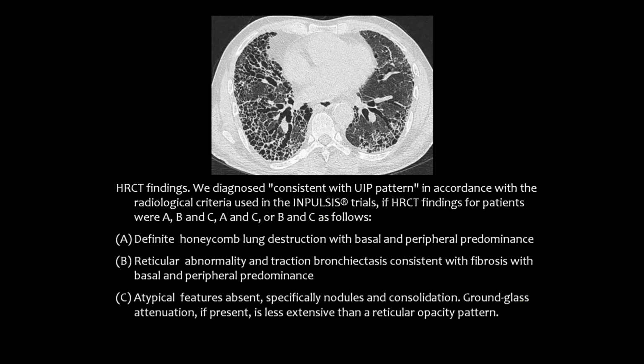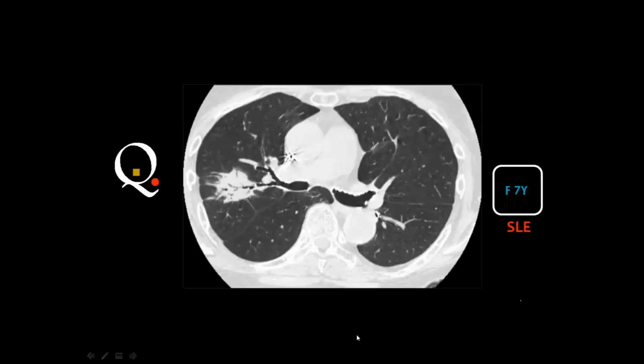If you do not see honeycombing and you see the rest of the findings, traction bronchiectasis, interstitial opacities, and the ground glass, this will be non-specific interstitial pneumonia. If you do not see traction bronchiectasis nor honeycombing, and you see only ground glass opacities and interstitial reticulations, this will be hypersensitivity pneumonitis.